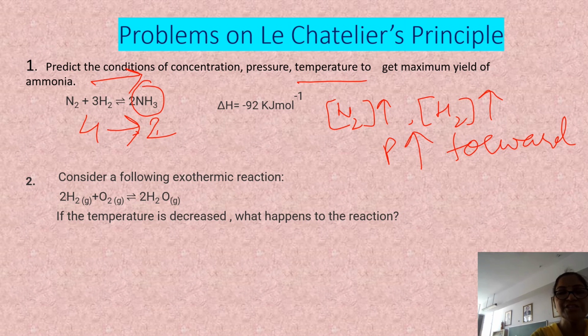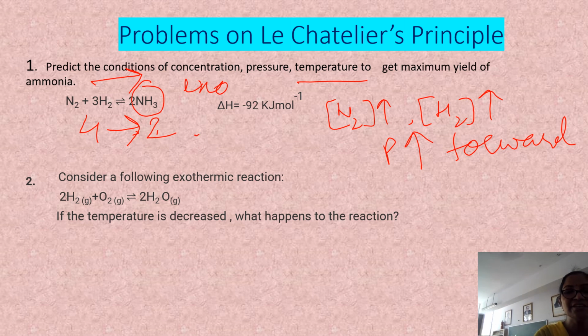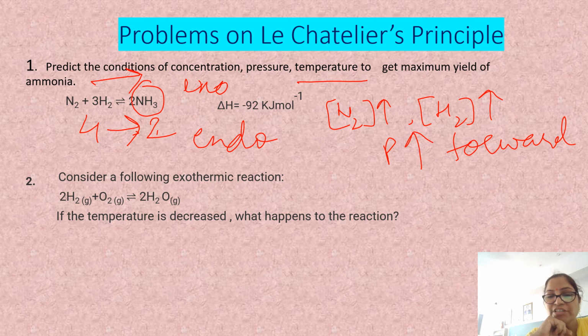Similarly, for temperature, the forward reaction is exothermic and the backward reaction is endothermic. We have to move the reaction towards the exothermic direction, that is, we have to decrease the temperature so as to get maximum yield of ammonia.